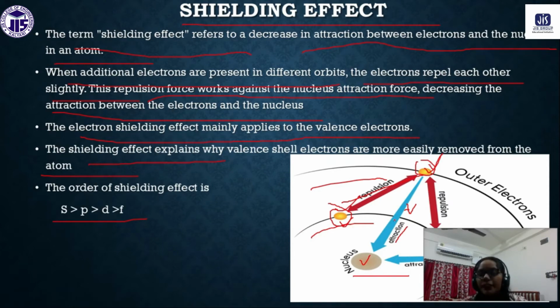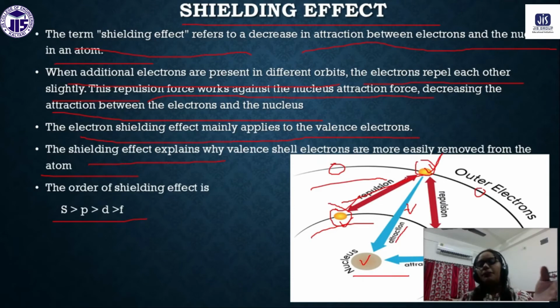Whether we have 2 electrons, 3 electrons, or 4 electrons in the inner orbitals, each of them has the same tendency to act as a barrier to the attraction force between the nucleus and the outer orbital electrons. This shielding effect also acts among electrons in the same orbital. In this outer orbital we have one electron here and one electron here, and these electrons repel each other.